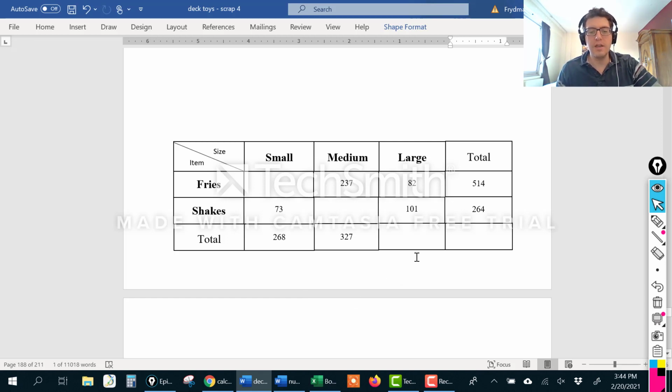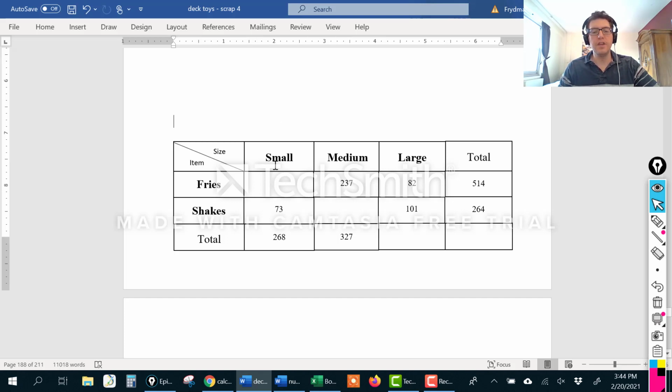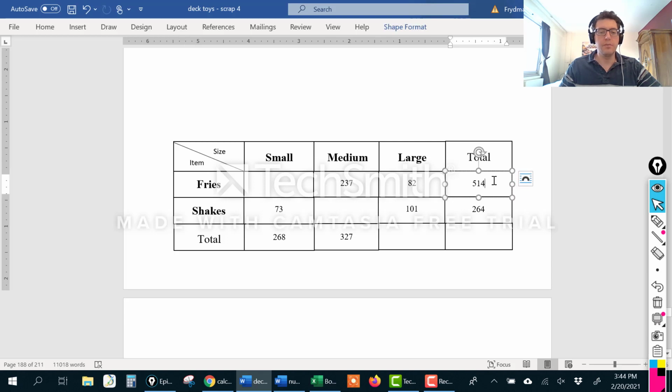So let's say I wanted to figure out how many small fries there were, and I don't remember what the number was from before. Well, I could figure that out by taking the total number of fries, which was 514, and since I know that this plus this plus this must add up to 514, then I can figure out what this would be by taking 514 and subtracting 82 and then subtracting 237, or by subtracting 237 and then subtracting 82.